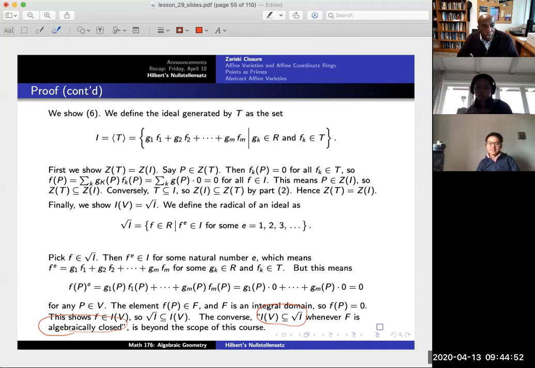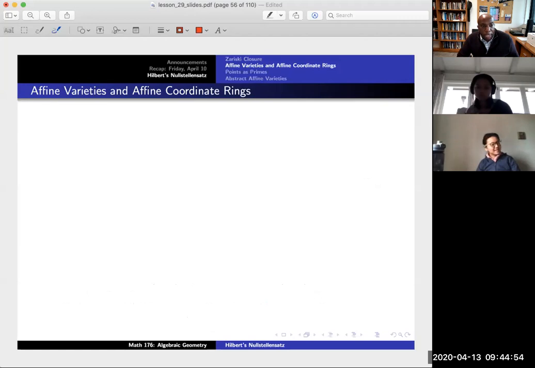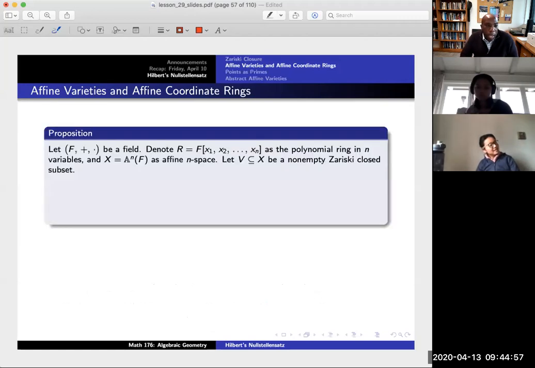Okay, any questions on how we did these 6 statements? Well, let's talk about maybe some applications and some definitions we can pull out of all of this. Let's go back to our case where F is the field. Remember that we don't need to assume that F is algebraically closed, just that F is a field. And let X be any Zariski closed subset that you want.